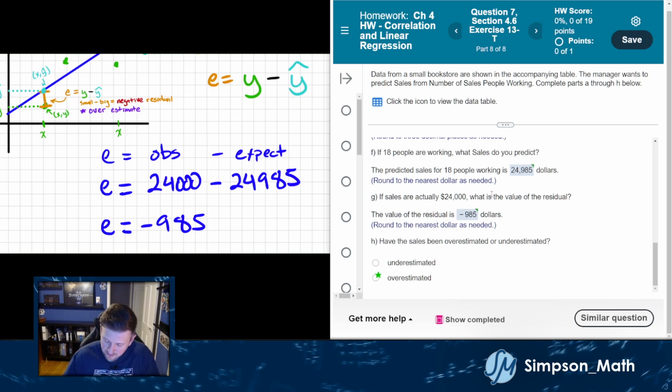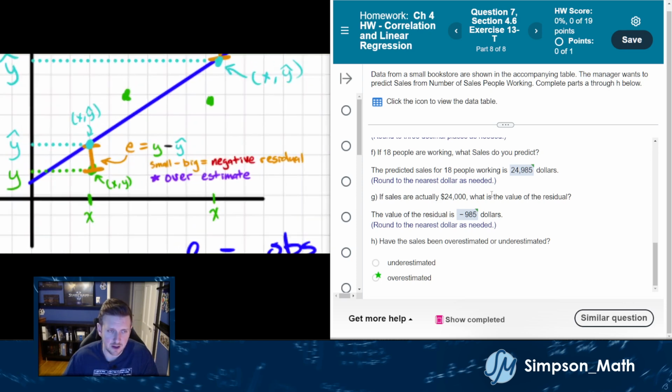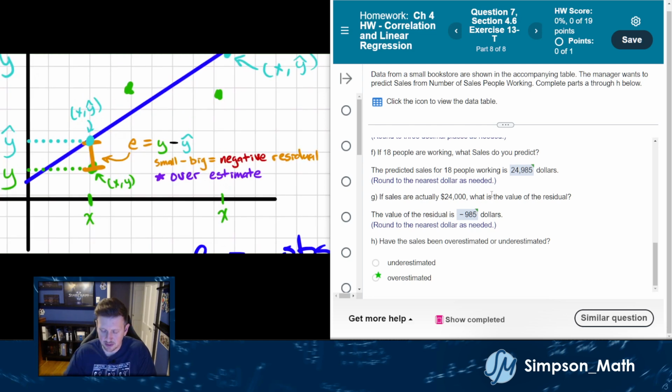All right, so if we have a negative residual, I'm in this situation down here. So I know 18 isn't really this early in the question, but if 18 is about here, that's our 18 in this particular case, just because the residual picture is matching. So this is my 18. 24,000 is the actual number.